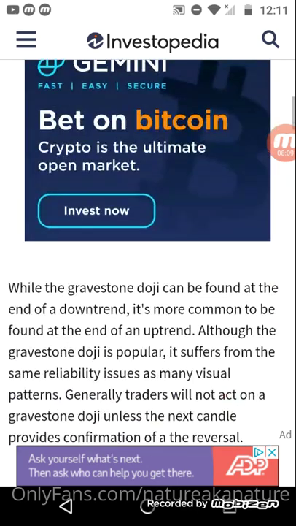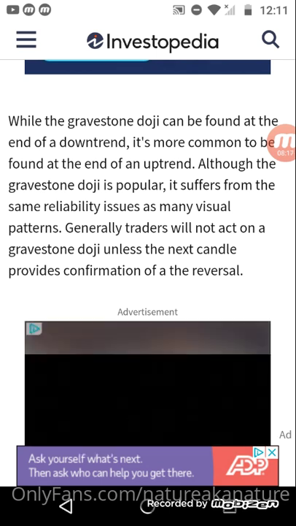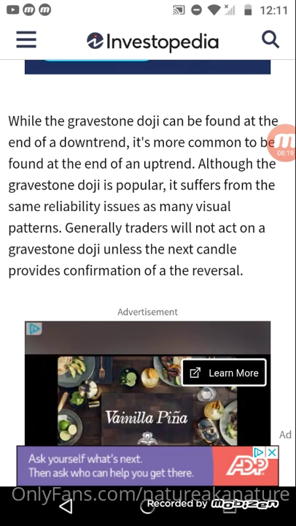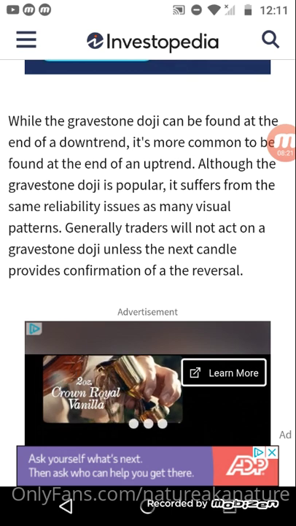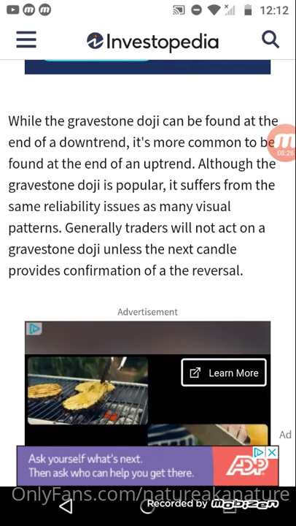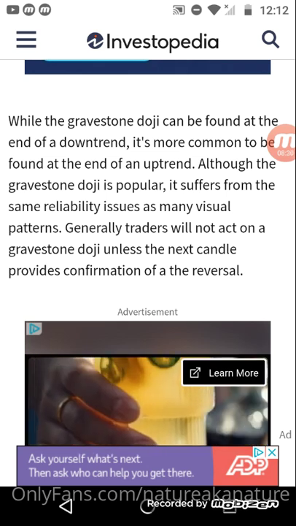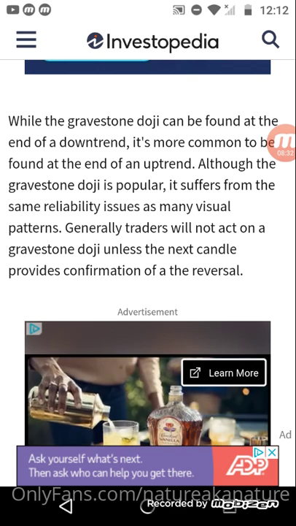While the Gravestone Doji can form at the end of a downtrend, it's more common at the end of an uptrend. Like I said, you're going to see a Gravestone Doji more on an uptrend, and you're going to see a Dragonfly Doji more on a downtrend. So when you see a Gravestone Doji form at the end of an uptrend, it's almost a clear signal that a reversal is coming.